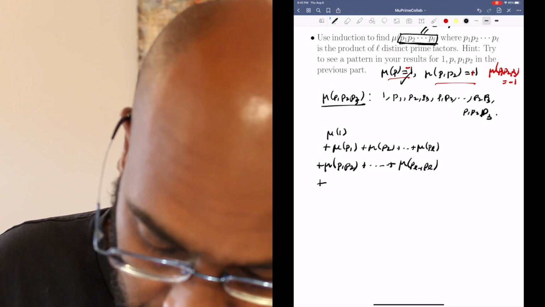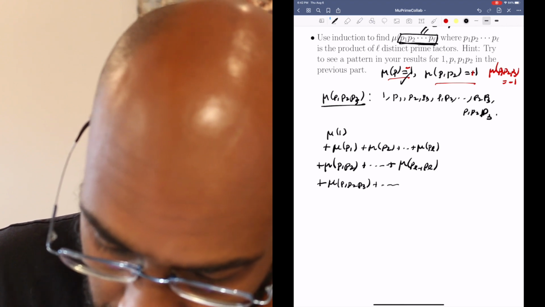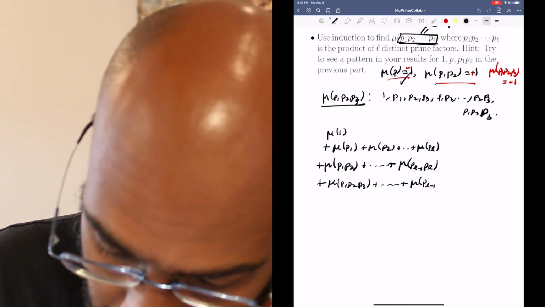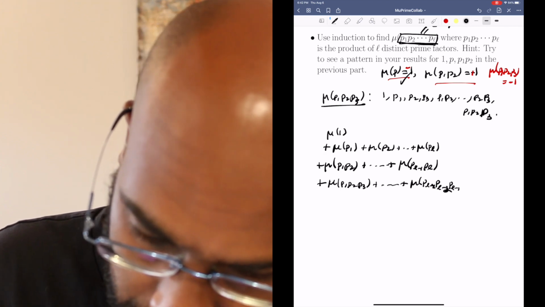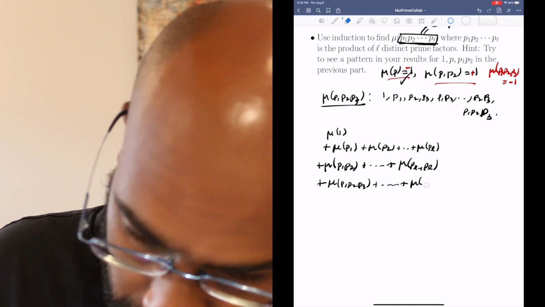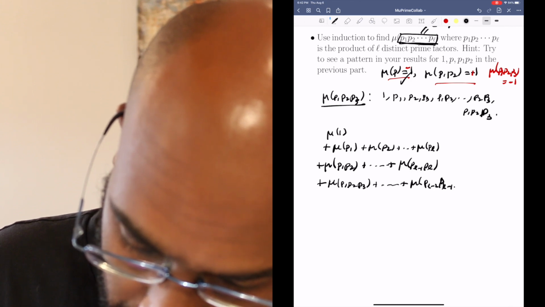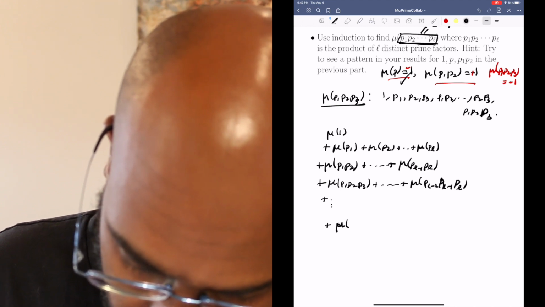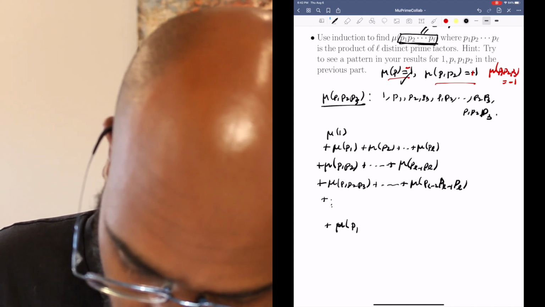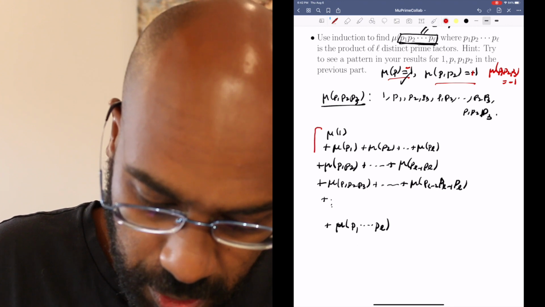Then we have triples, which is P1, P2, P3, up to the last set, which is mu of P(L-2), P(L-1), PL, etc., all the way down to mu of P1 all the way to PL.